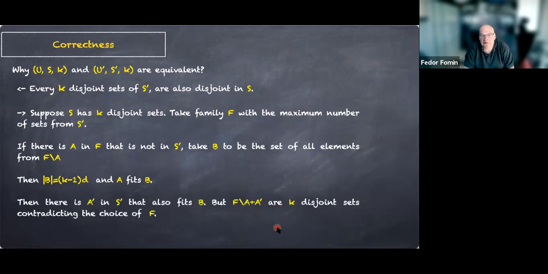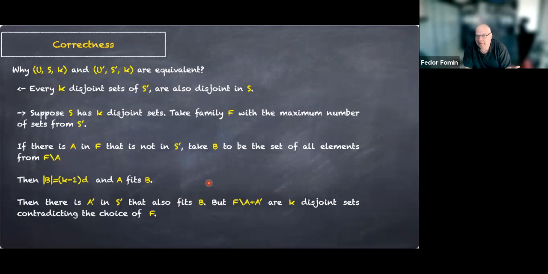And then there is also a set A prime in S prime that also fits B. Why?